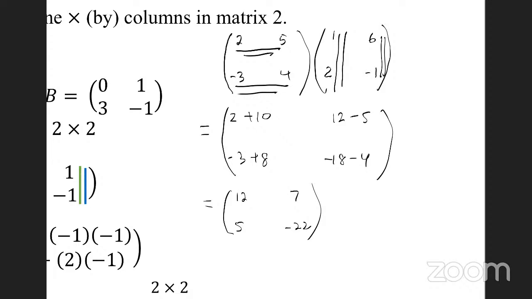Right? Let's go again. So I'm gonna give you a 2 by 2, but 2 by 1. All right? Multiply it and then we could go to the other little thing.